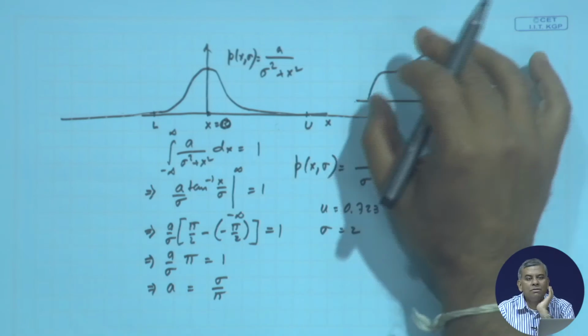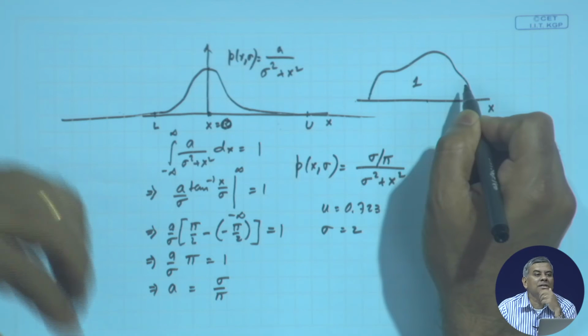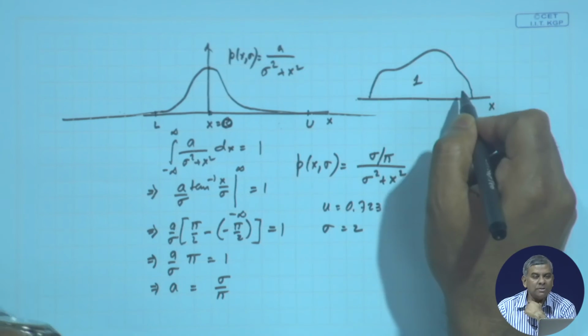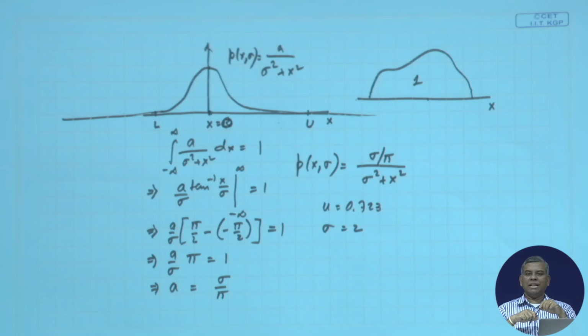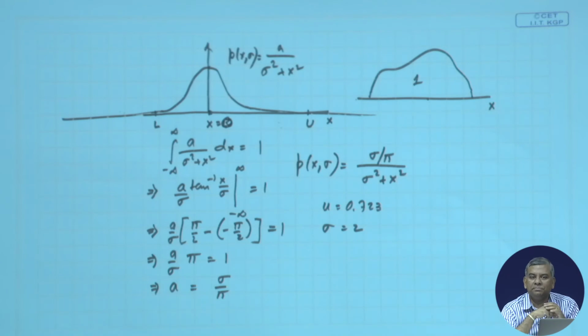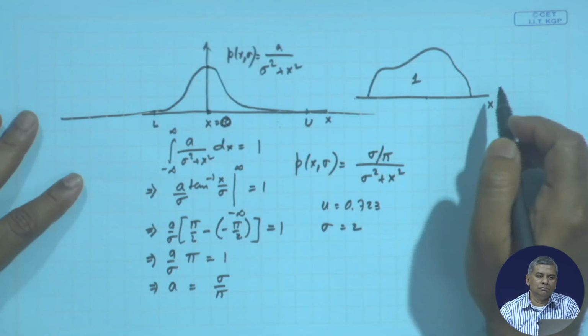Now, how do I use this to create a point based on this probability distribution? Does anyone know? I know the probability distribution. Can you create a random point using this probability distribution?